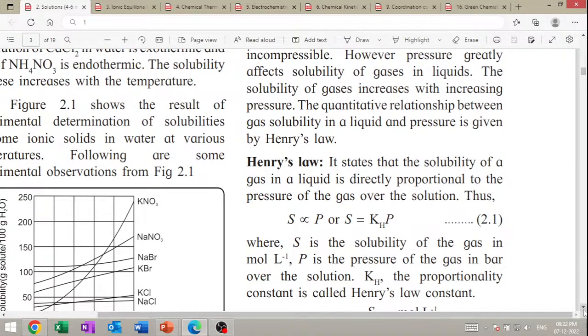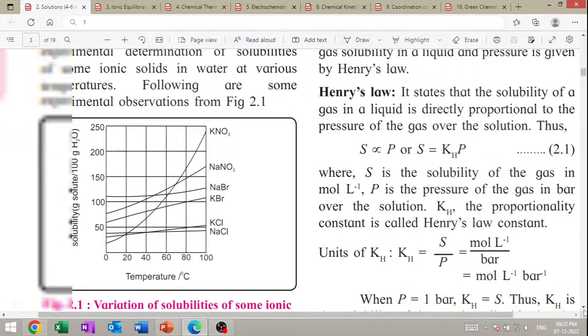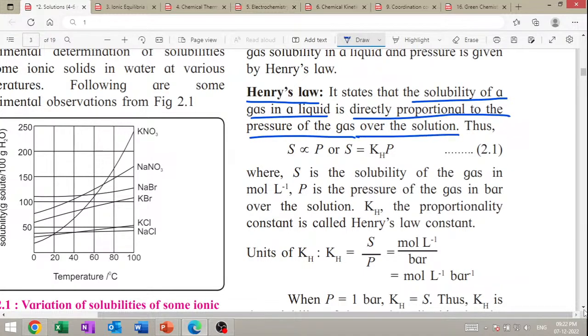What is the statement? The statement is that the solubility of a gas in a liquid is directly proportional to the pressure of the gas over the solution. Yes, this statement is asked in your examination for 1 mark.